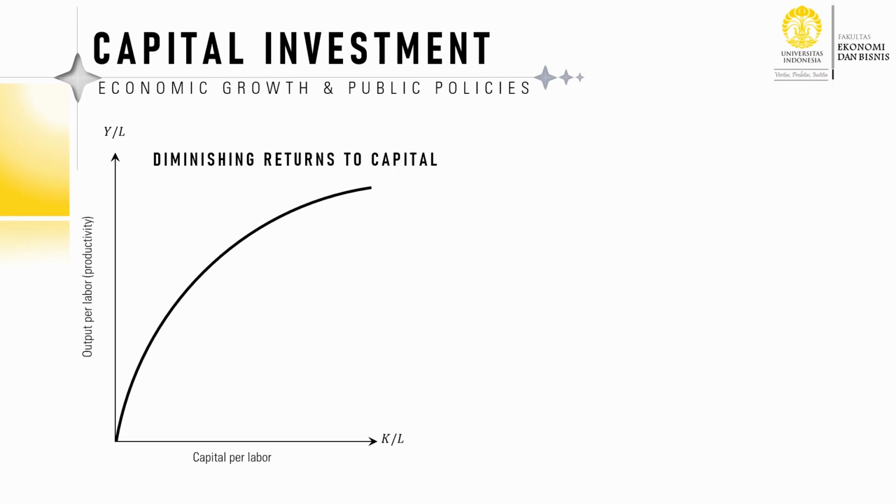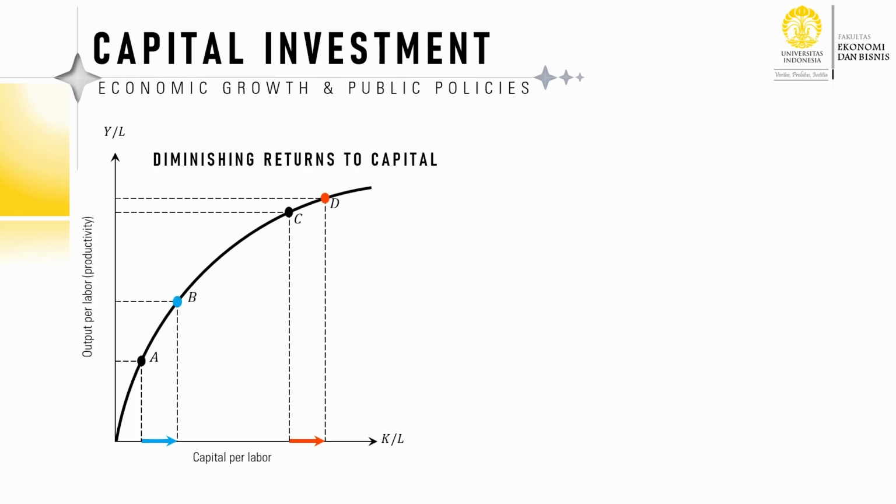However, with diminishing marginal productivity of capital, we can observe that when the economy at point C actually has higher capital per labor than at point A, the same increase in capital per labor results in smaller increase in productivity or output per labor. It implies that the higher economic growth may last after a certain period of time only.